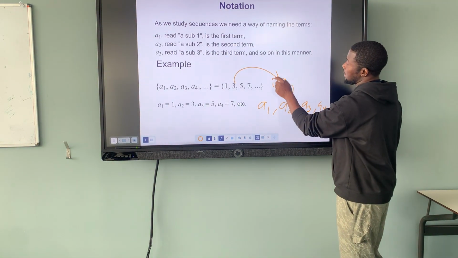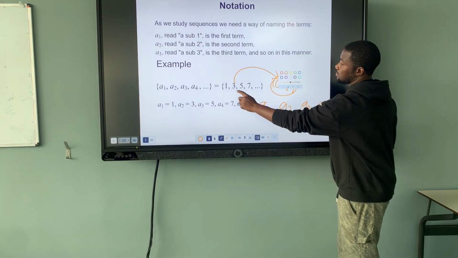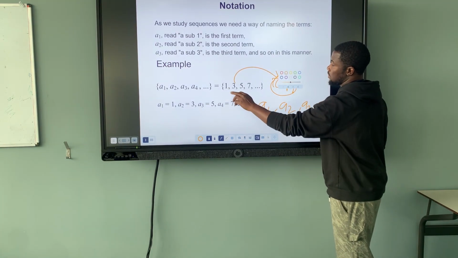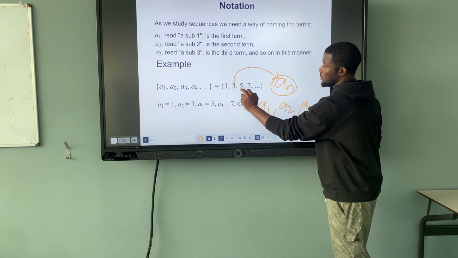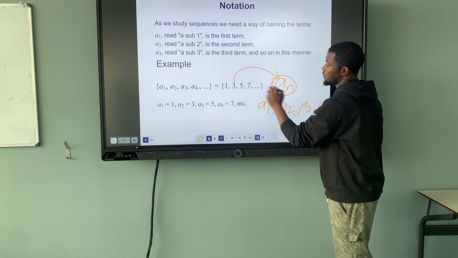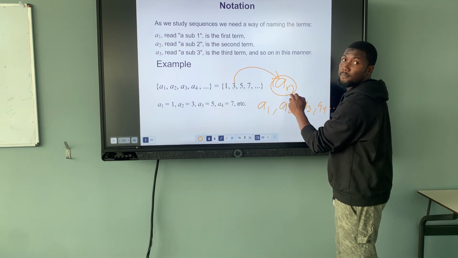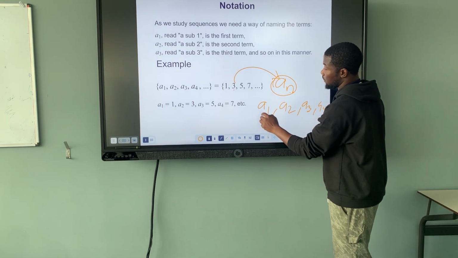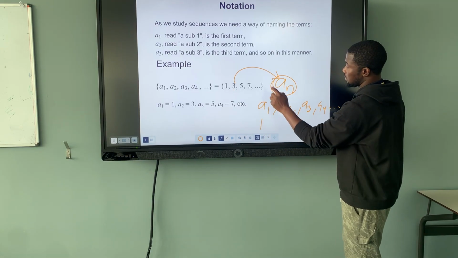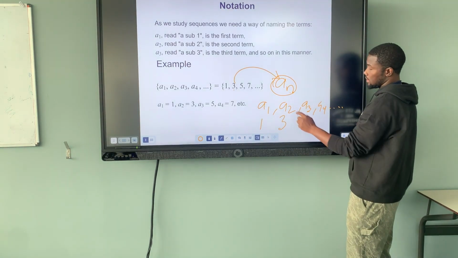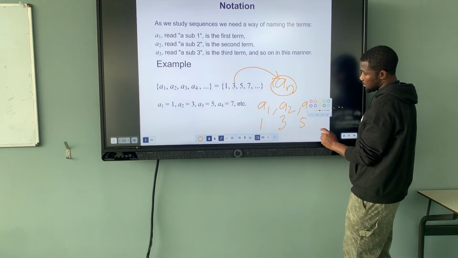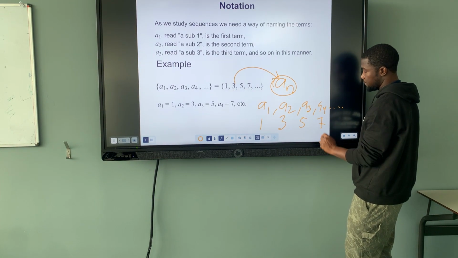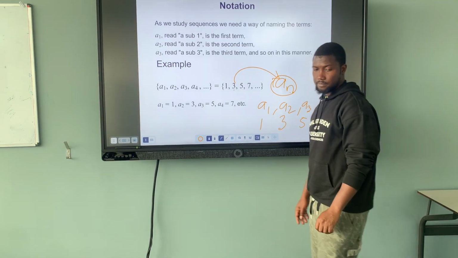So in A_n here, n represents the position of the term. So the first term will come as 1, the second term will come as 2, the third term will come as 3, the fourth term will come as 4. So in that case, the first term is 1, the second term is 3, the third term is 5, the fourth term is 7.